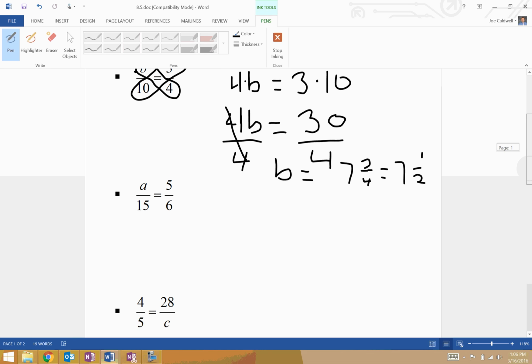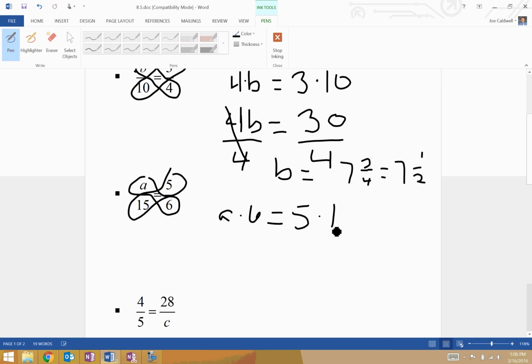So in this next example, again, we find the cross products. These cross products are a times 6 equals 5 times 15. Anytime we have a letter and a number, we just go ahead and squish them together, equals 5 times 15, which is 75.